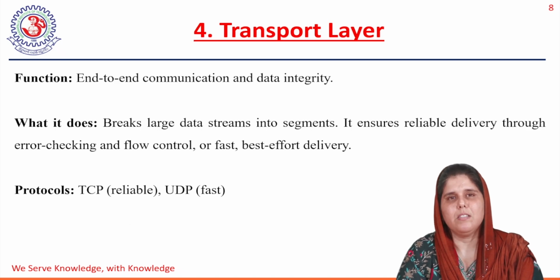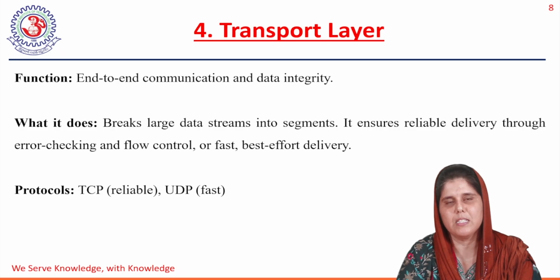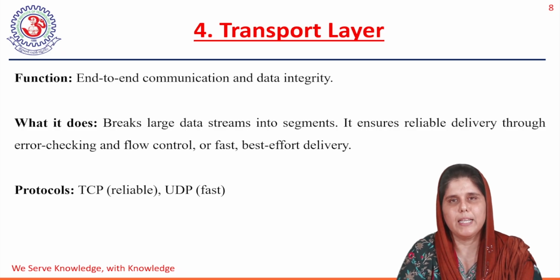The next layer is the transport layer. In the transport layer, end-to-end communication and data integrity take place. That is, it breaks large data streams into segments. If the data is large in size, it is divided into segments. It also ensures reliable delivery through error checking and flow control, and fast, best effort delivery is also given by the transport layer. The main protocols used in the transport layer are TCP and UDP.